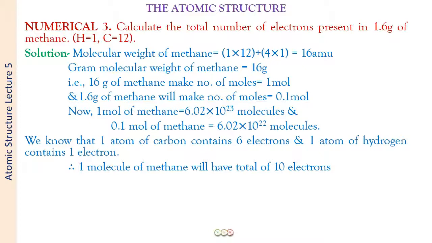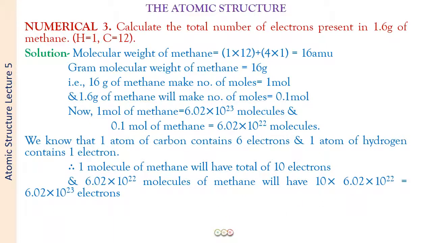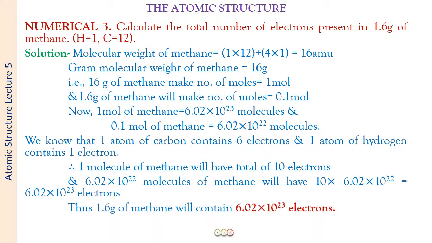So this is going to make it 10 electrons per molecule. And we have how many molecules? 6.02 into 10 power 22 molecules. So 6.02 into 10 power 22 molecules of methane will have how many electrons? 6.02 into 10 power 23. So I hope this is clear to you.